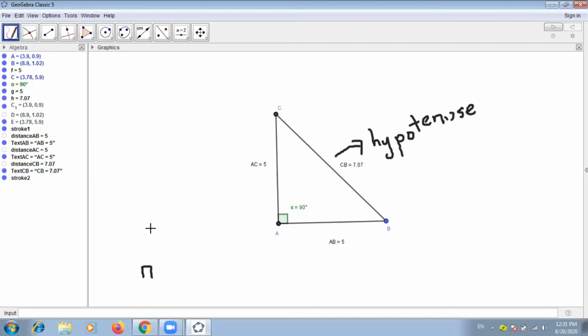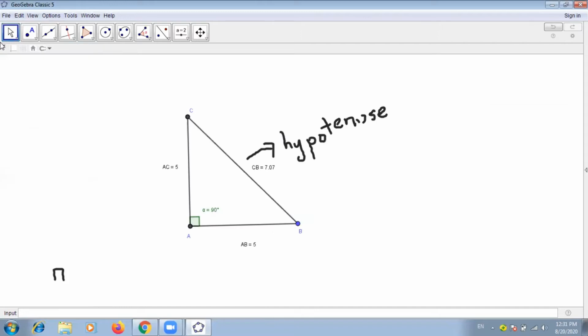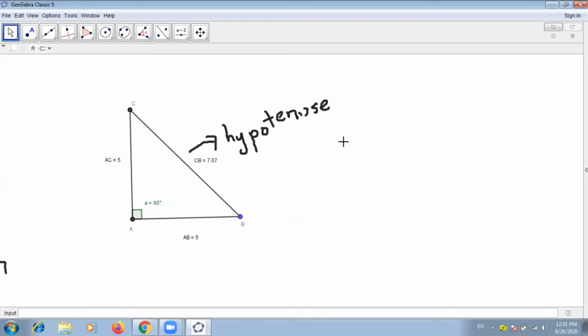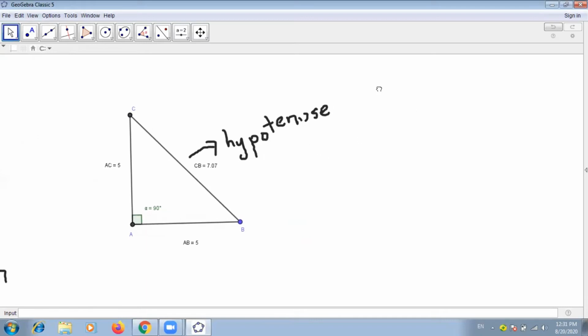I use this part so that you can see the triangle as well as the table. We measured the length of AB, which is equal to 5.